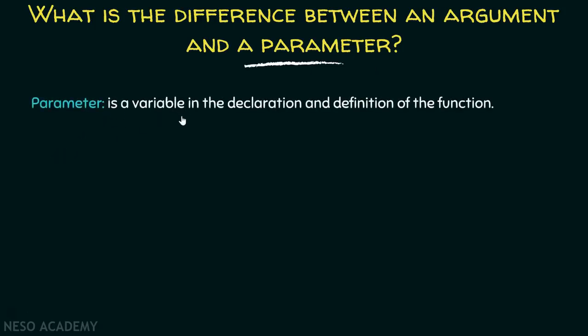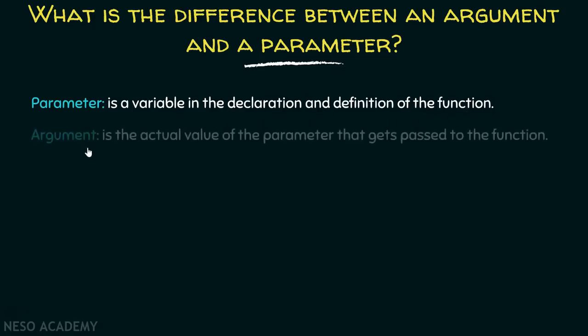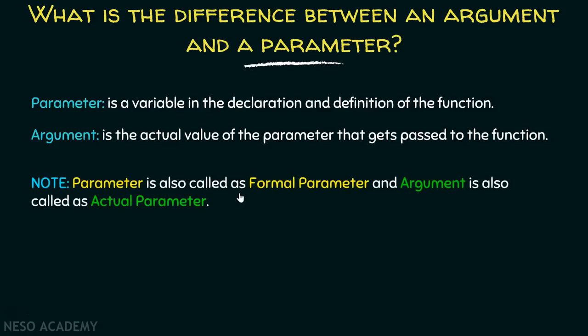A parameter is a variable in the declaration and definition of the function, and an argument is the actual value of the parameter that gets passed to the function. And please note down that a parameter is also called a formal parameter and an argument is also called an actual parameter. Let's see an example to better understand the difference.